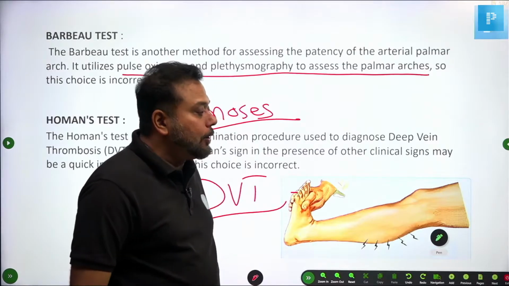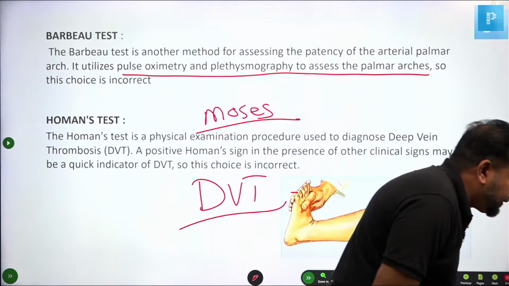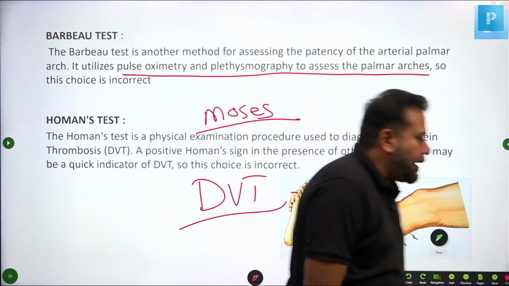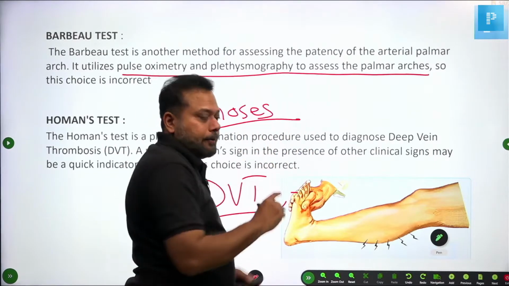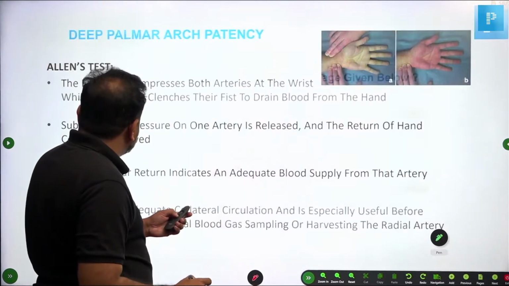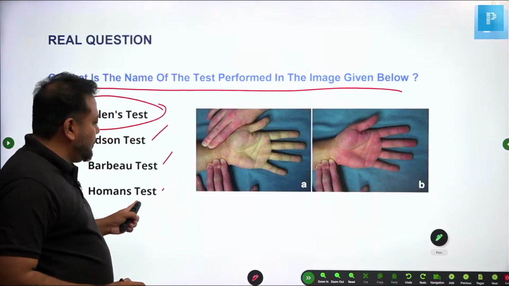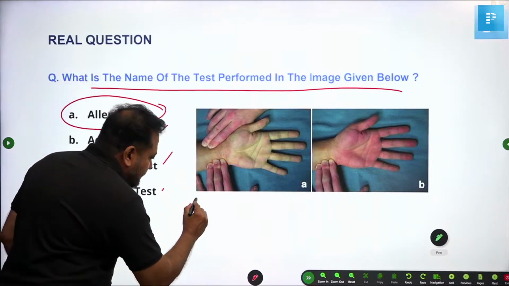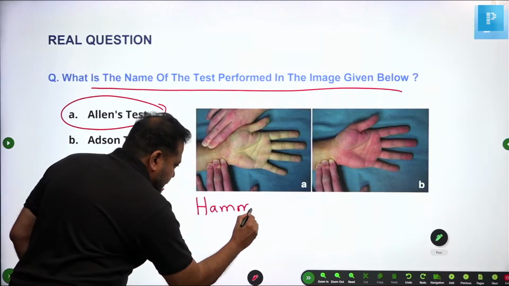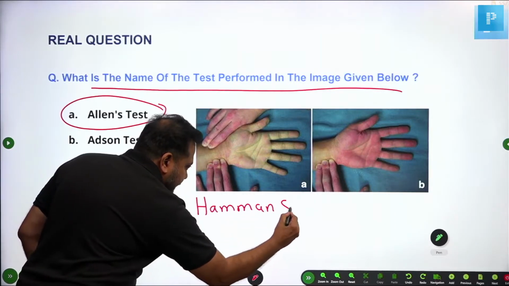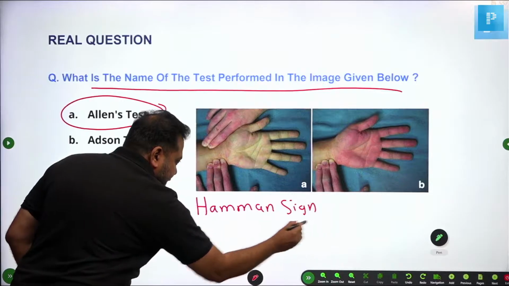Now it is time to ask you a question. Various test names we had seen: Allen, Adson, Barbeau, Hohmann. Hohmann sign, where will you get?